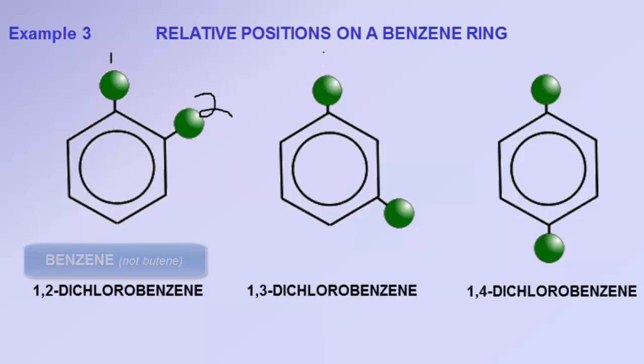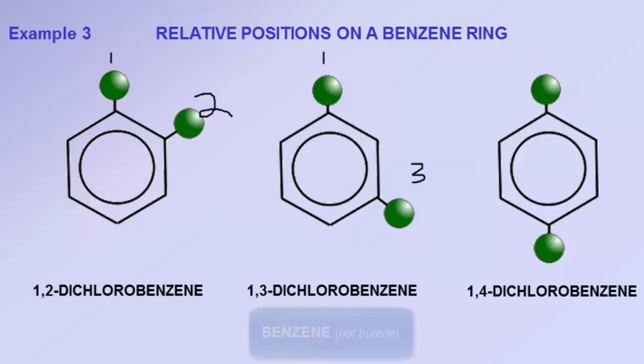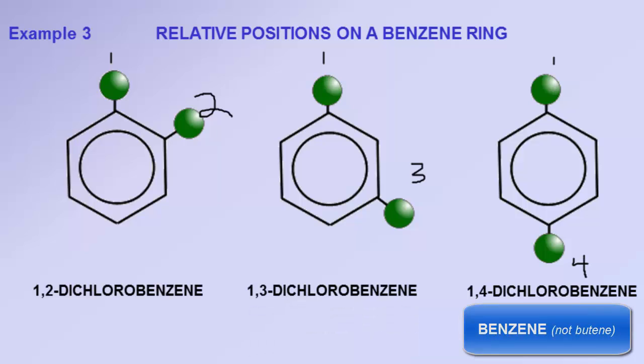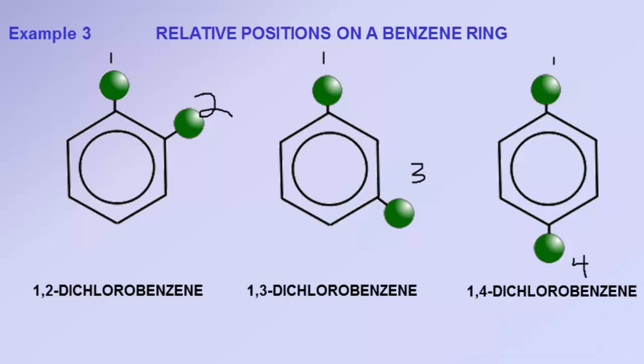So that is number 1, and that is number 3. So there we have 1,3-dichlorobenzene. Or we could move it to number 4. So we have one at number 1, and then one at number 4, and then we have 1,4-dichlorobenzene. Now notice we cannot have the chlorines on the same atom because we already have 8 electrons.